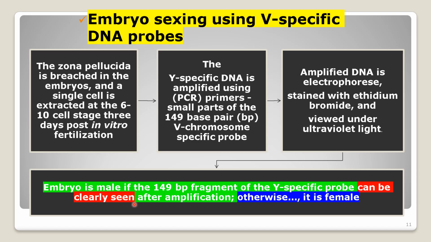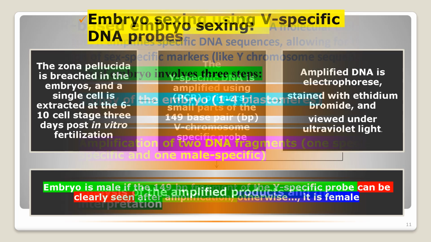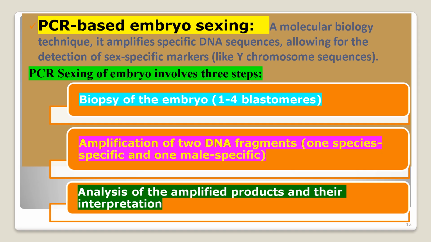The embryo is identified as male if the 149 base pair fragment can be clearly seen after amplification. If it is not clearly seen, then the embryo is female. Then the amplified product is analyzed and interpreted.